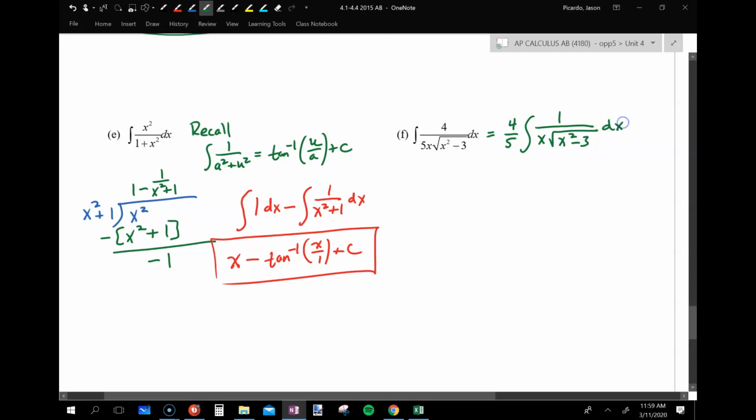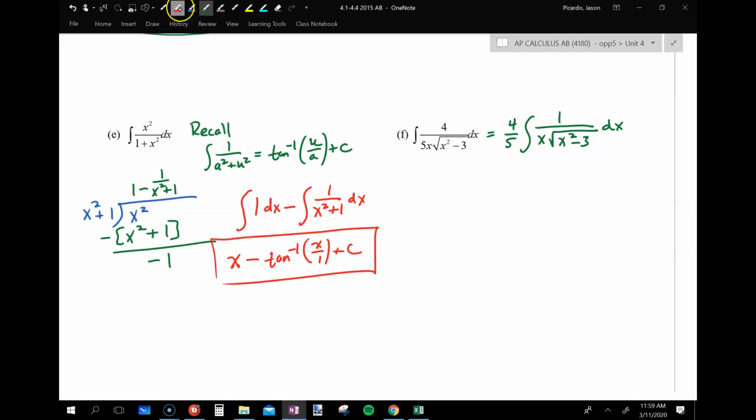And we get this. And again, what do you see in the bottom? A radical. Immediately should be thinking the following.